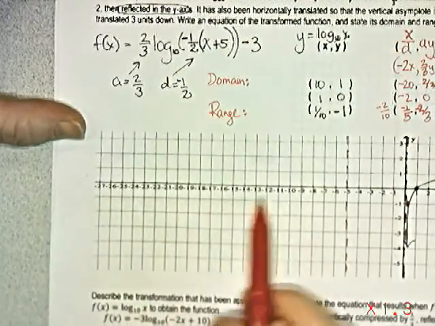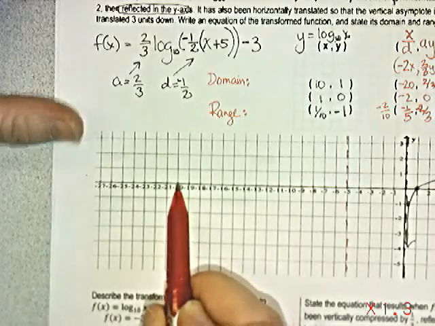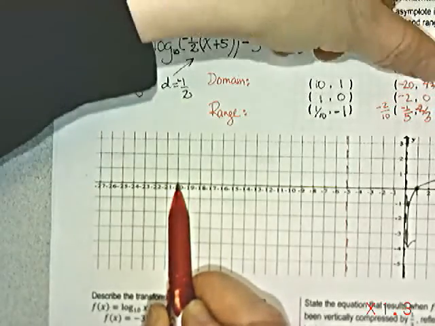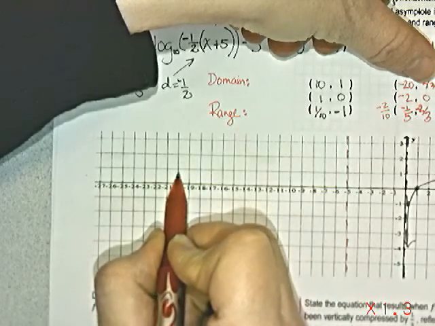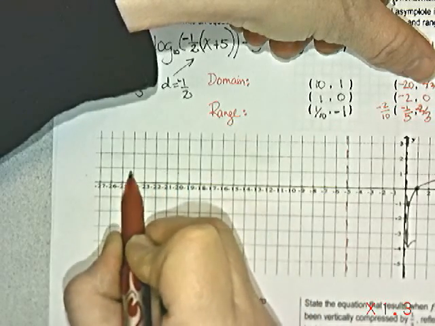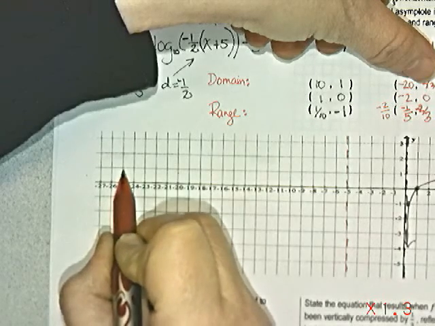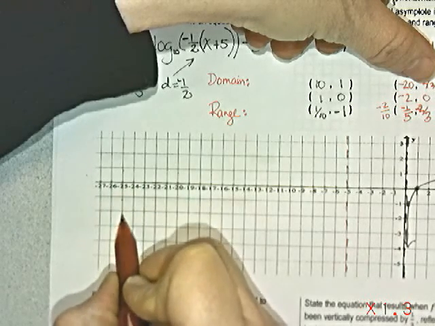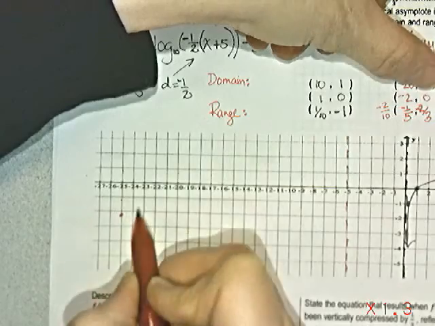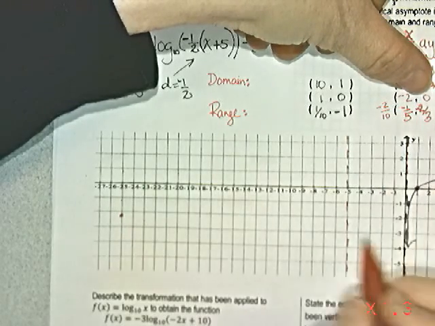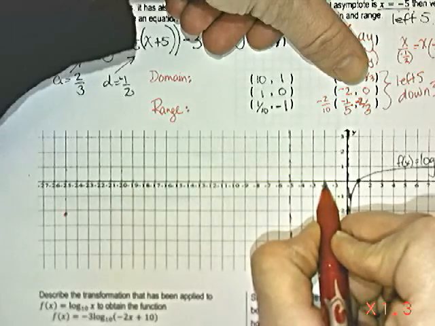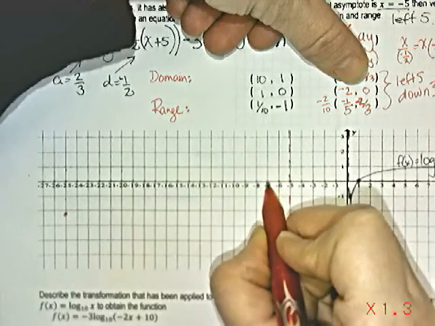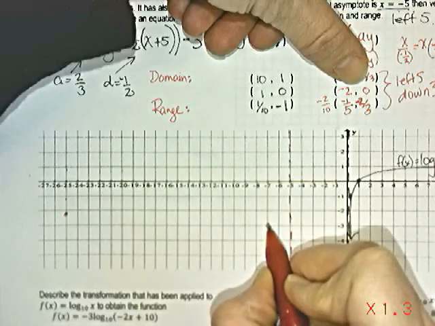So we start out with our -20 right there, and -20 and 2/3, so about there, and we need to go left by 5, 1, 2, 3, 4, 5, and down by 3, 1, 2, 3. Then I have my -2 and 0, and so I'll start at my -2 and 0, go left by 5, 1, 2, 3, 4, 5, down by 3, and plant that there.